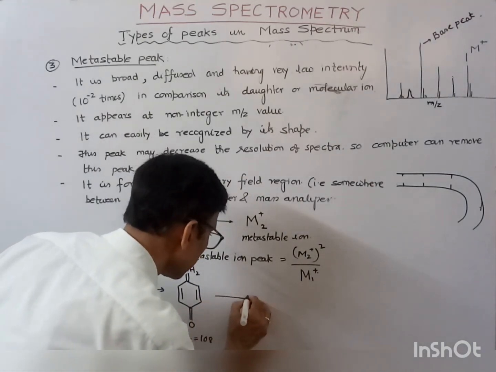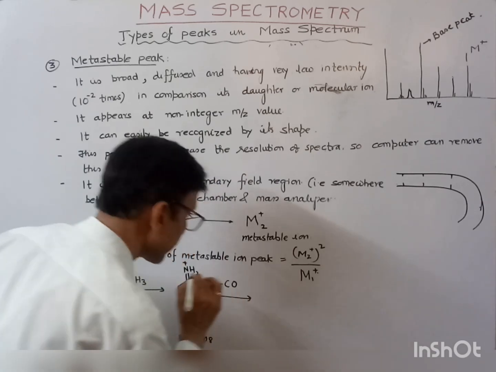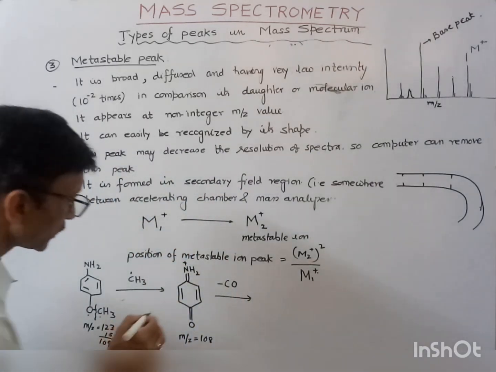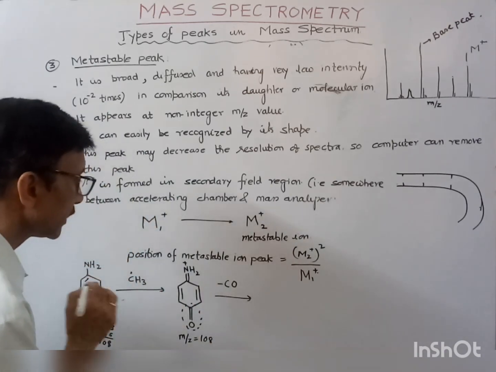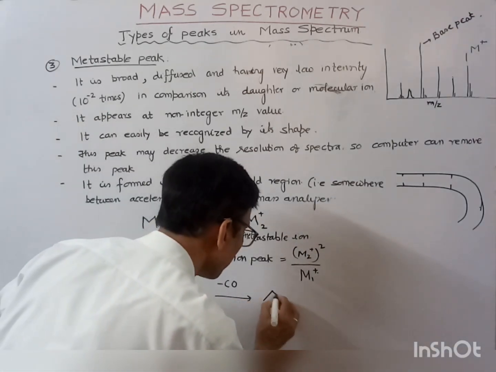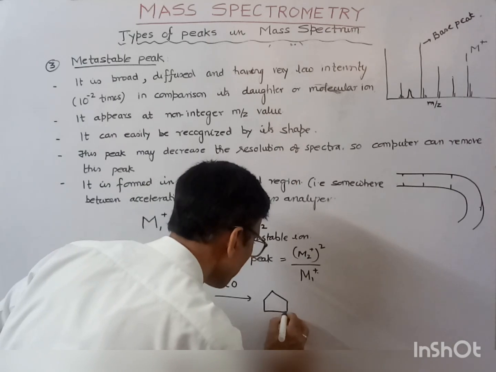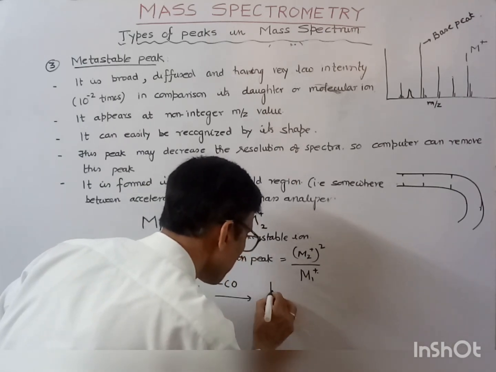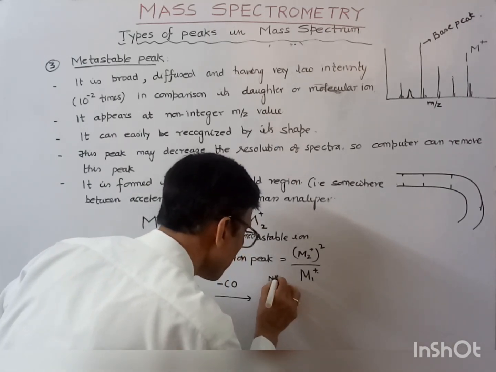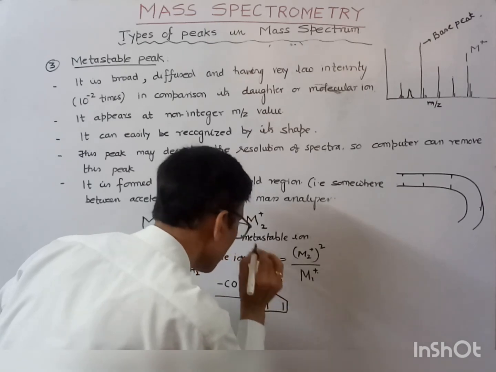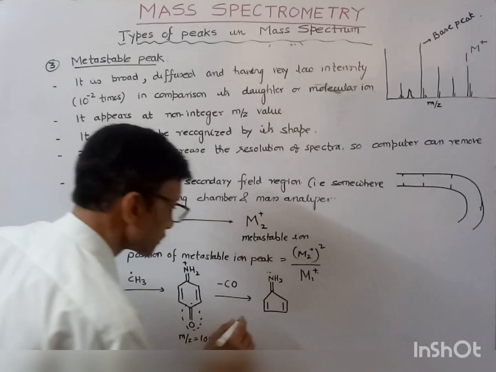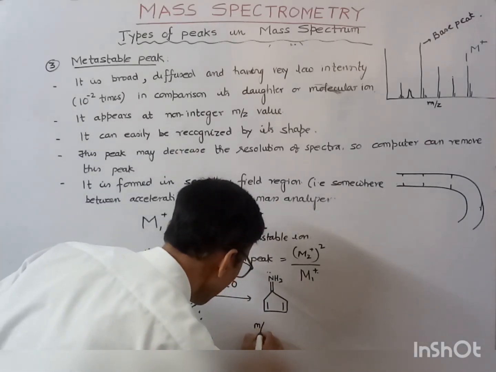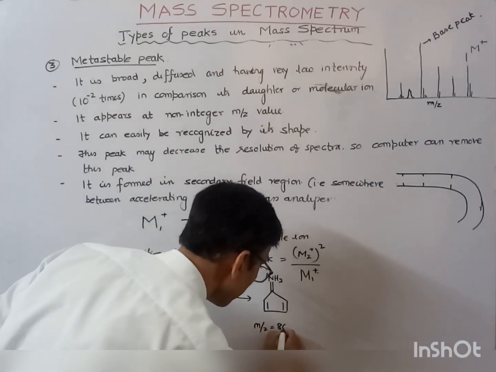Further, it may be fragmented like this. Now if carbon monoxide is removed, then we will get the 5-membered ring, and this has the mass number m by z of 80.